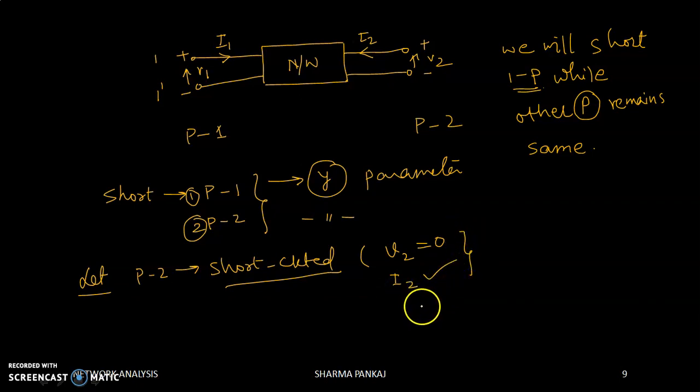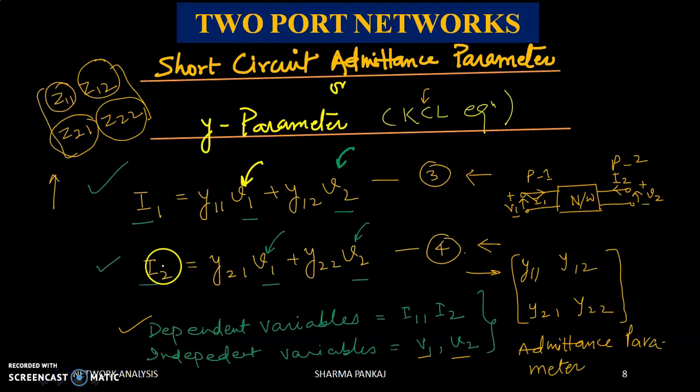We'll see. So under these conditions, from this equation, I1 is equal to y11 v1 plus y12 v2. If v2 is made 0, the whole term will become 0. So we are having I1 is equal to y11 v1.